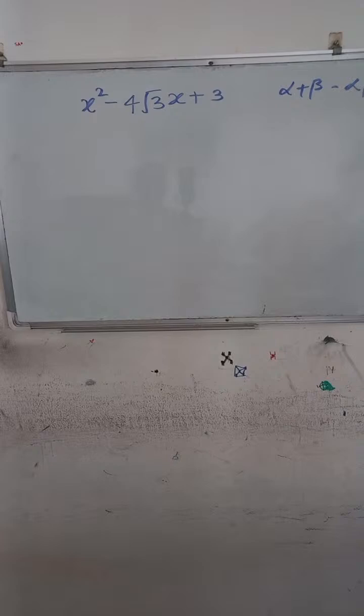Yes, Marwa, correct. Alia, you have to write the coefficient of a. What is the value for x square? Coefficient of x square. Jivitesh, what is the coefficient of x?